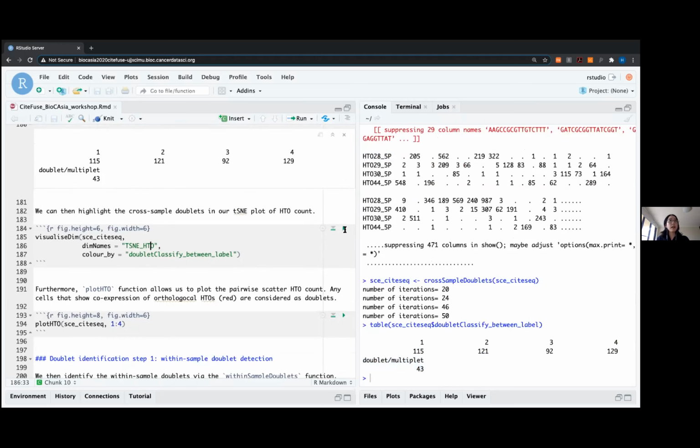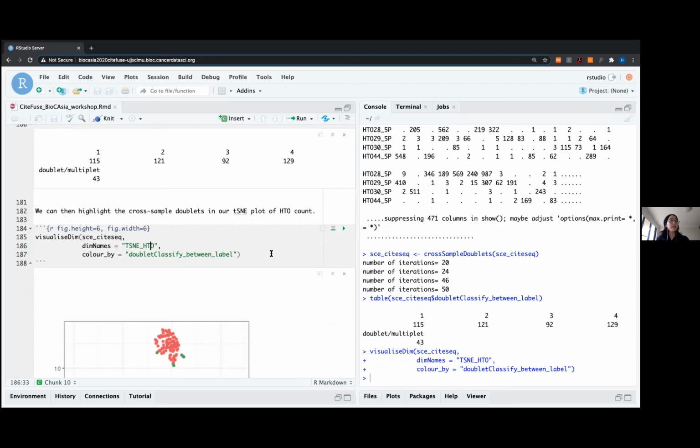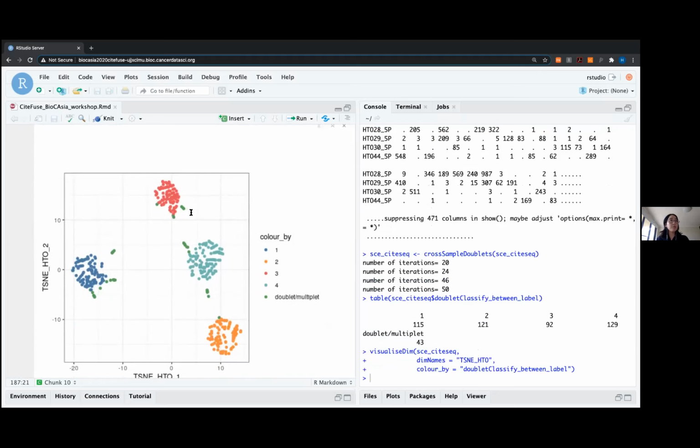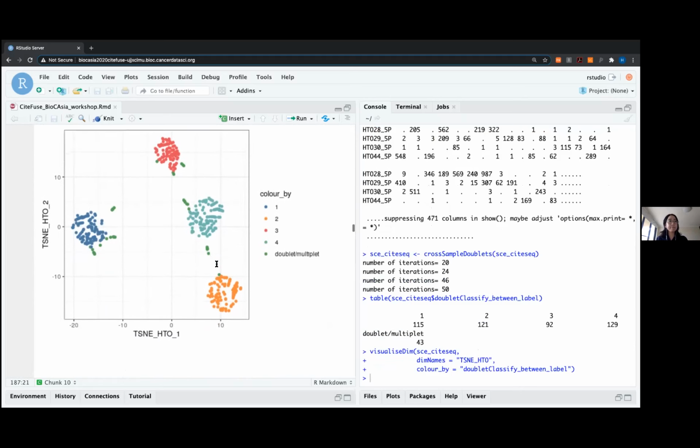So we can visualize this on the t-SNE we generated before, and then this round, what we can do is to color by the doublet classification. And what becomes really clear is that the single cells found on the periphery of these clusters have been identified as doublets.